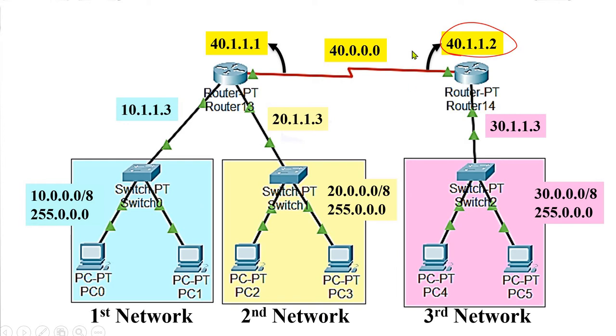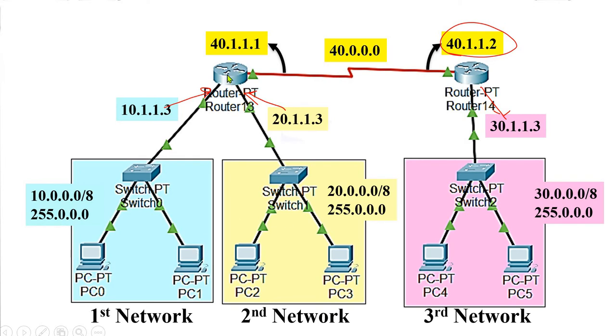After providing IDs to every connection, like here this is the ID for this, this is the ID for this, every connection now has a unique gateway ID. But these routers are unaware of each other's further connecting networks.